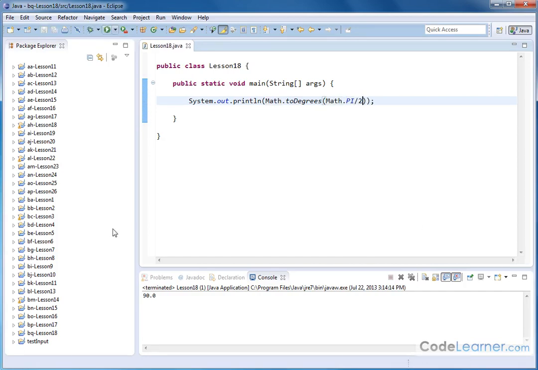Pi over 2 radians is 90 degrees, and of course, pi over 4 radians is 45 degrees. So the bottom line is you put a value in radians in here, and you convert toDegrees. And you can use the value of pi that's represented in the Java class, just like you can use any other number. Now that's if we're converting from radians to degrees.